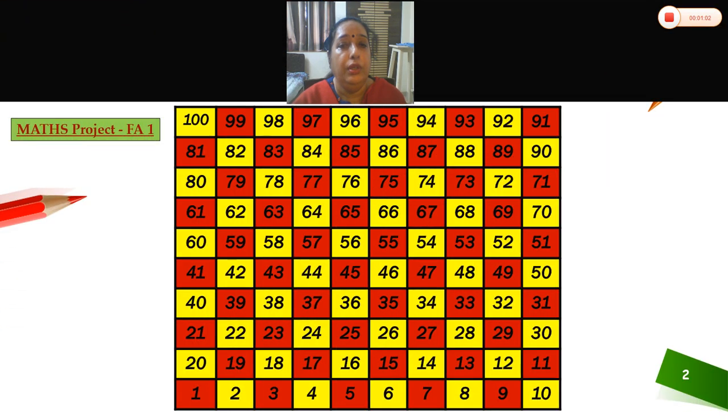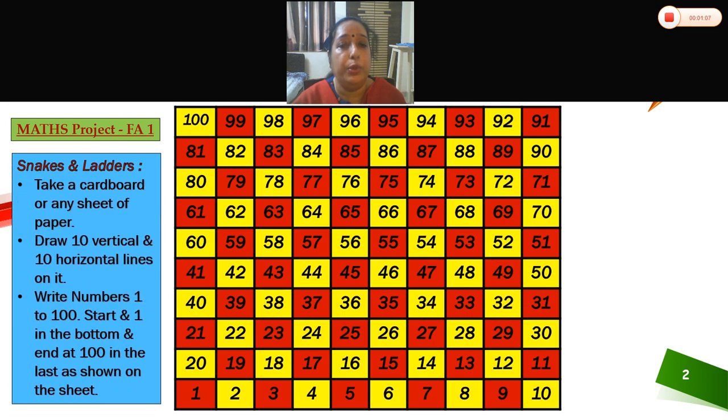Now children, we are going to make snakes and ladders in this project for even numbers, odd numbers, ascending order and descending order. Now you are going to take a cardboard or any sheet of paper.